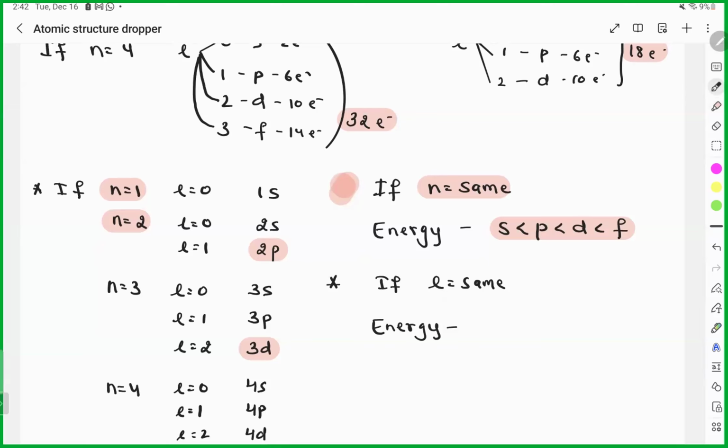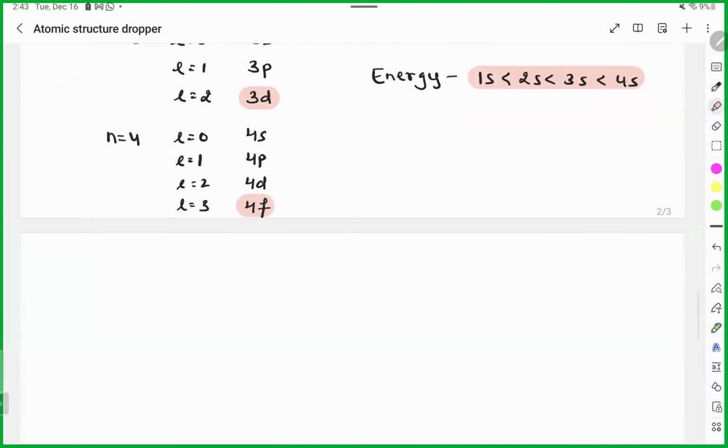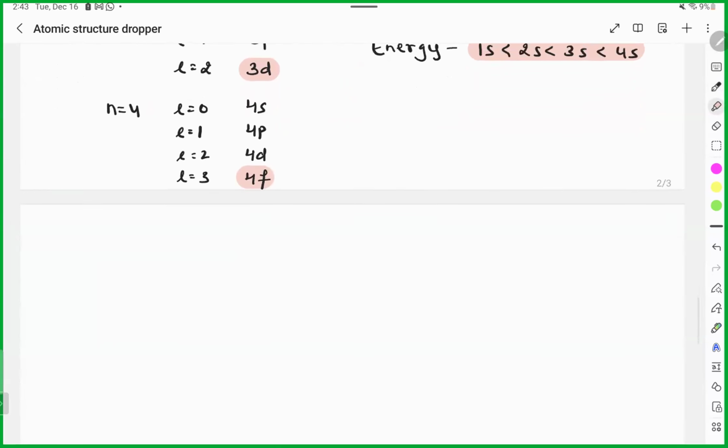So in that case, for example, if you take only S, L equals 0, so if you take 1S, 2S, 3S or 4S, more n number, more energy. Understood? If n is same, it depends upon SPDF. If L is same, it depends upon the n value. More n, more energy. Any doubt, guys?